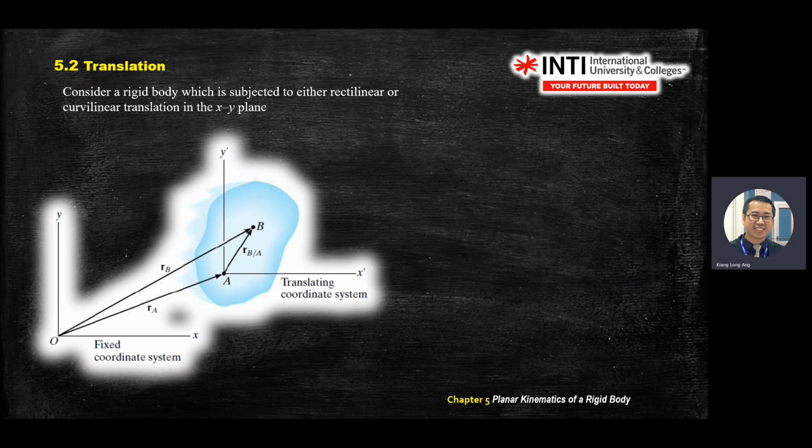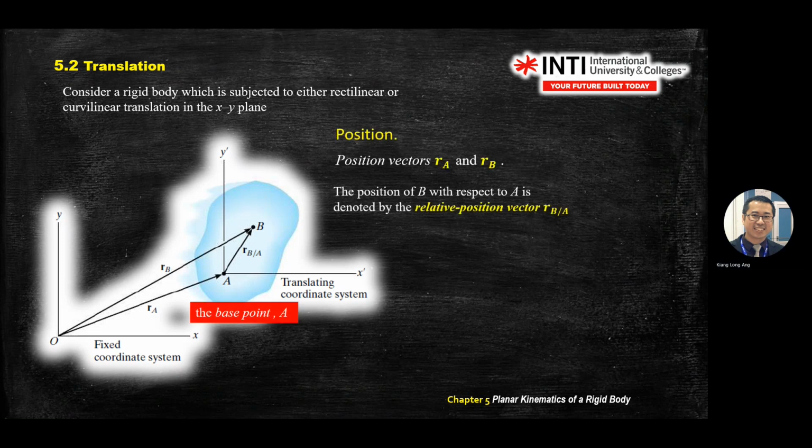So if you're referring to position A from your fixed point, we use r sub A. And if you're referring to the position of B on the rigid body, you use r sub B. Then you will see r B slash A. It means location of B from A. Position r prime B means position B with respect to A.